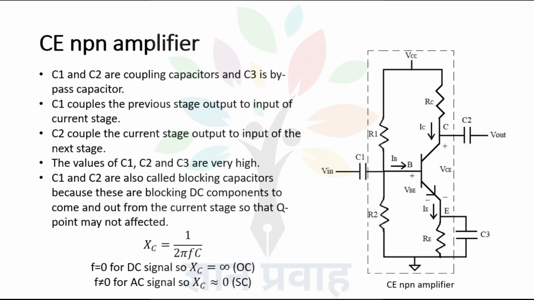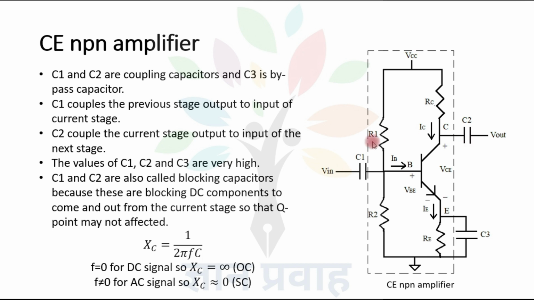CE NPN amplifier circuit. The circuit is given here. We can simply see here in dotted box, this one is the voltage divider DC biasing circuit, and here we are extra using one input terminal, second output terminal for the input signal and for the output signal, and these two input output signals are connected through capacitor values.